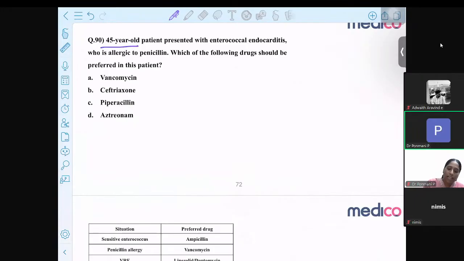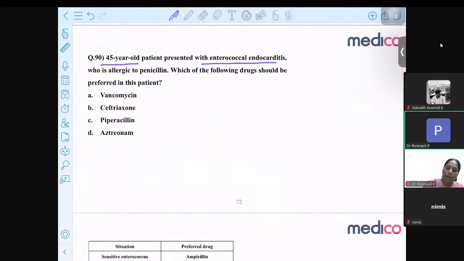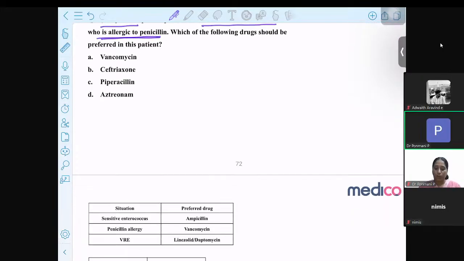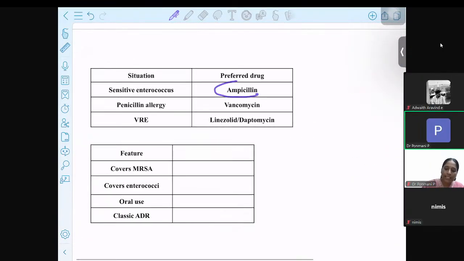Now moving to the next question. A 45-year-old patient presents with enterococcal endocarditis and he is allergic to penicillin. Which drug should we prefer? Please note, in enterococcus, the drug of choice is ampicillin, which is a penicillin family. When the patient is allergic to penicillin, then you have to shift to vancomycin. If he is resistant to vancomycin, go for linezolid and daptomycin.